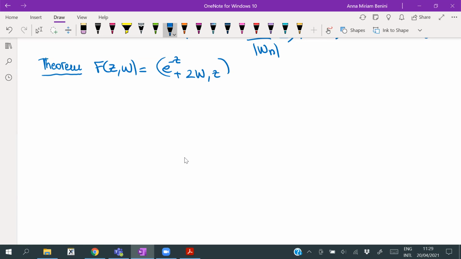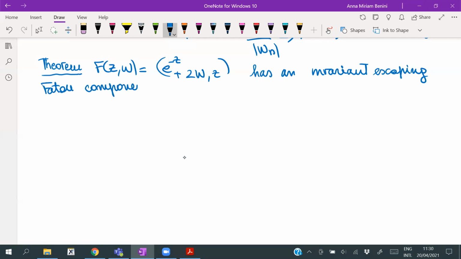So this is our map. And the claim is that it has an invariant escaping Fatou component. Why am I not calling it Baker domain? Well, it's not even clear what the correct definition of Baker domain should be, okay? As an invariant escaping Fatou component U with exactly 2 distinct limit functions.